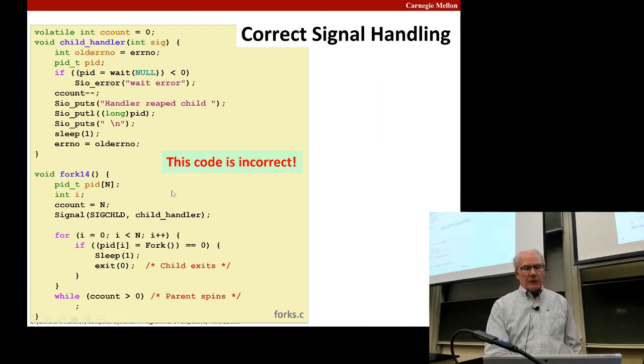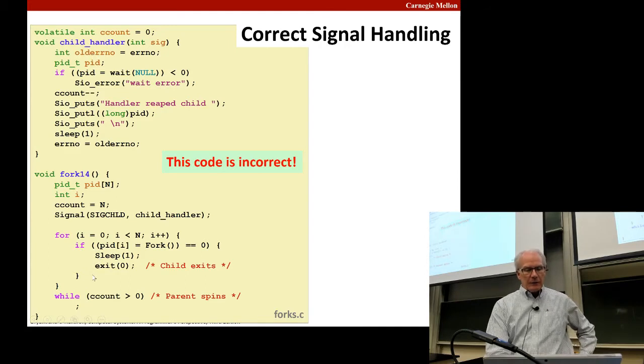The general idea is that there's this signal handler associated with the signal SIGCHLD, and each time it gets invoked, it will wait for a process, and then it will decrement this global counter.